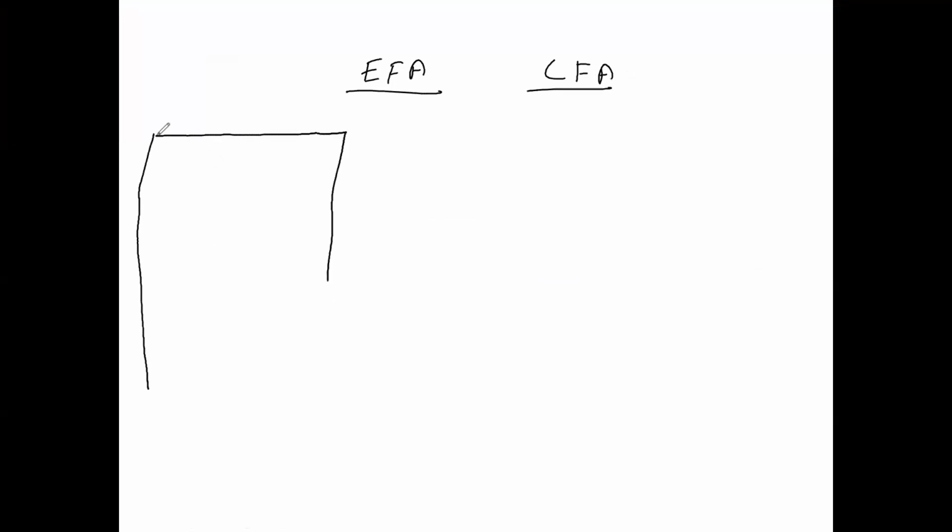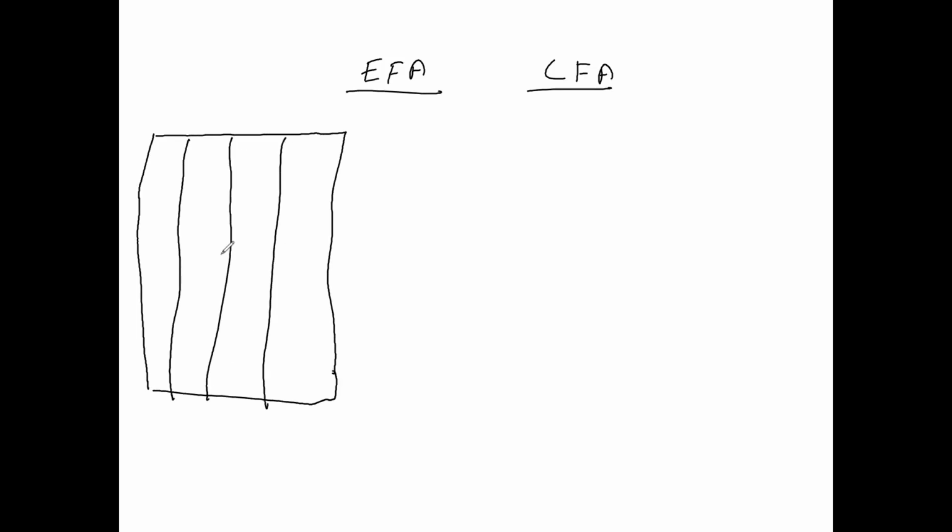This is your factor matrix, and I'm taking only a few factors, 3 factors. These are the factors F1, F2, F3, and these are variables, questions, items V1, V2, V3, V4, V5, V6, V7, V8, V9.